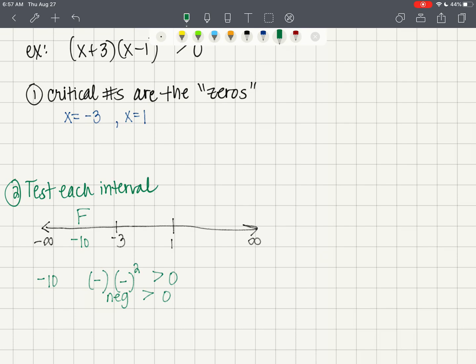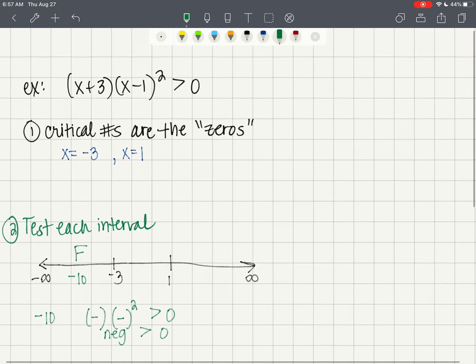So that interval is false. When I put a -3 in, -3 does not work. -3 plus 3 is 0. 0 times anything is 0, and 0 is not greater than 0, it's equal to 0.